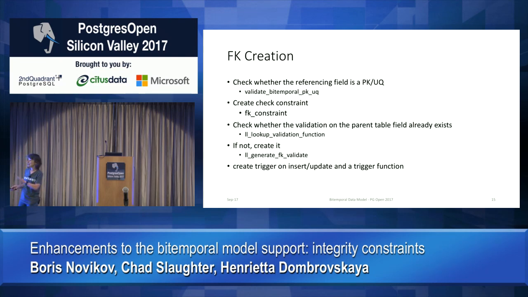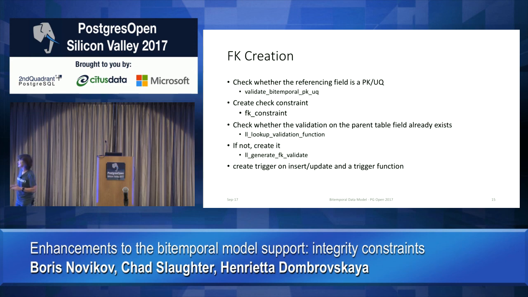We kind of proceeded with foreign key creation until this very last moment. So how do we create a foreign key constraint? If you know how foreign keys are created inside Postgres, like normal foreign keys, it's basically the same thing. First, we need to make sure that we have the matching primary or unique constraint in the parent table. That's easy, we can do it.